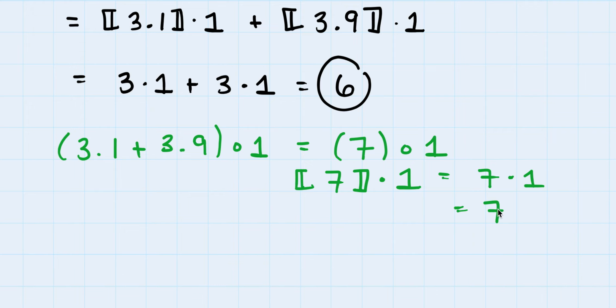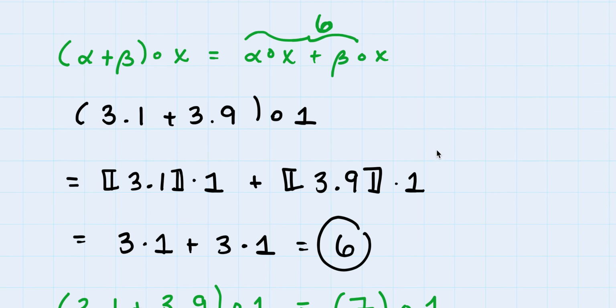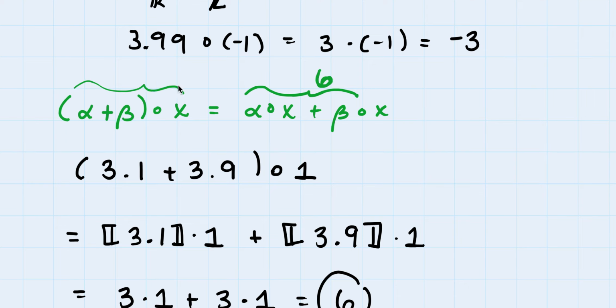So we get 7, and scrolling back up here, this is equal to 7, and 7 is not equal to 6. So it fails this distributive property when it comes to scalar multiplication, so it is not a vector space.